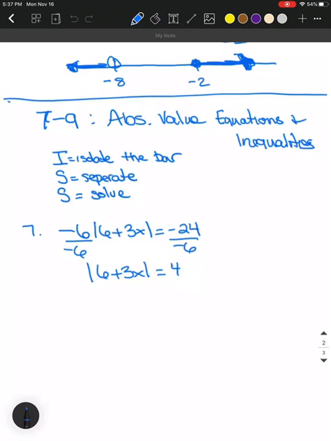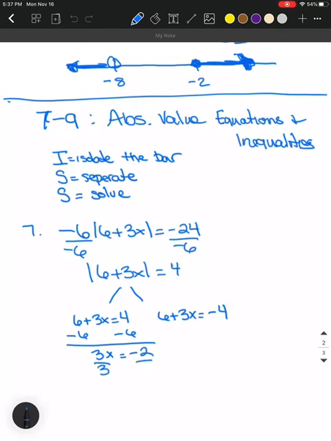So from here, we can separate into two equations. So we have 6 plus 3x equals 4, and 6 plus 3x equals -4. Remember, absolute value is a distance. So now we're just going to solve. I'm solving for x, so I want to move everything away from the x. The first thing I'm going to do is subtract the 6, and I have 3x is equal to -2.